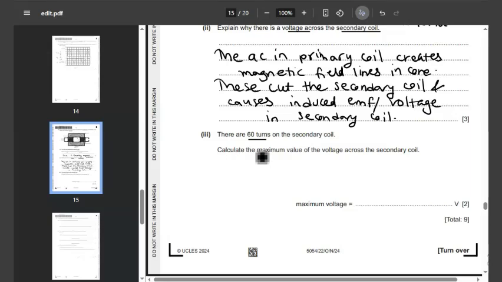Now Roman 3. There are 60 turns on the secondary coil. Calculate the maximum value of the voltage across the secondary coil. So that means the number of turns in the secondary coil is 60. And we already know the number of turns in the primary coil is given as 750.